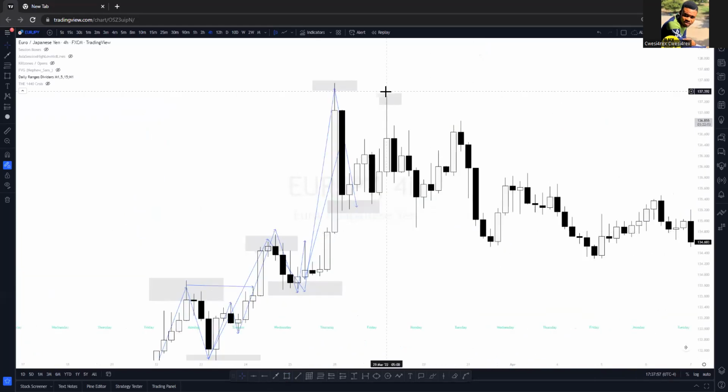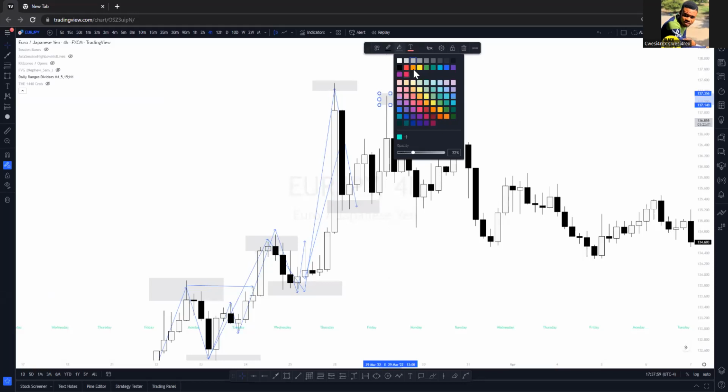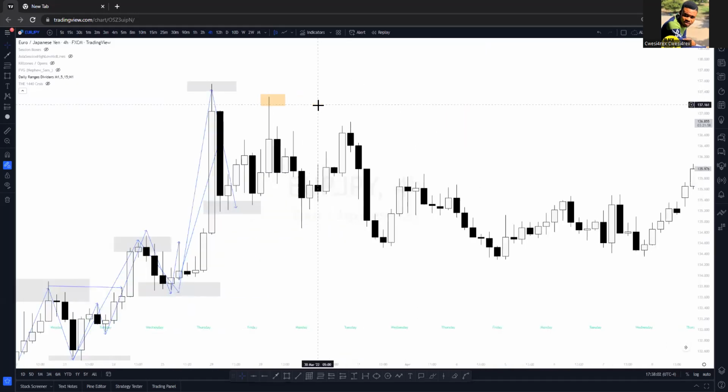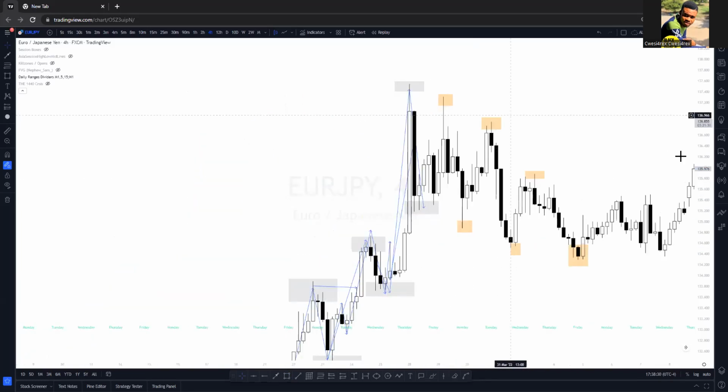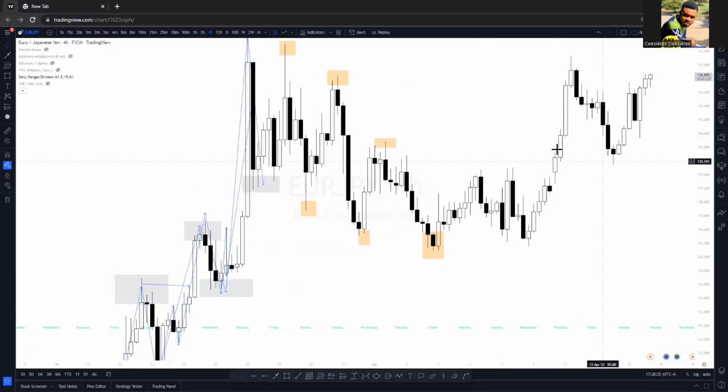In the H4, we have this as our new lower high because price failed to create a new high over here, right? So this becomes lower low, lower high, lower low, lower high. So this is the H4 market structure, right?